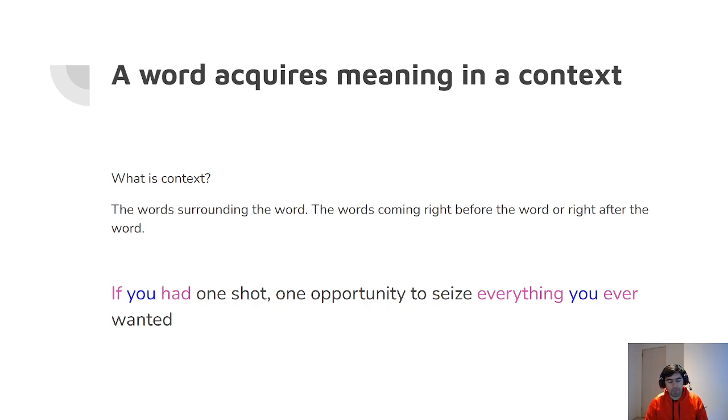This is a powerful statement that really impressed me when I encountered it the first time. A word acquires meaning in a context. A word by itself has no meaning. This really takes you to the philosophical thoughts about what is the meaning of life or what is the meaning of the person by itself.